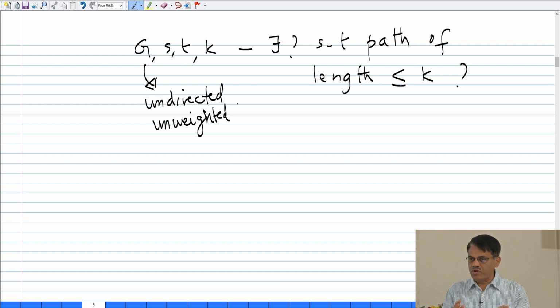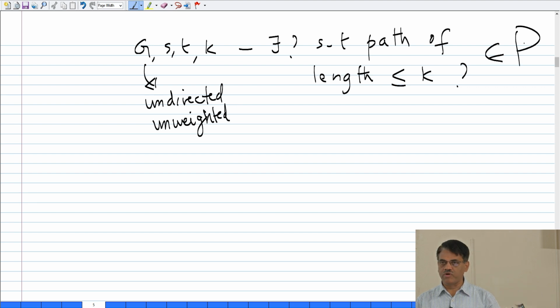So this is a polynomial time algorithm, a linear time algorithm. So this is in the class of all polynomial time solvable problems. We saw a lot of examples. I will just give you an example of how the input encoding matters, because that will complete my picture of P.